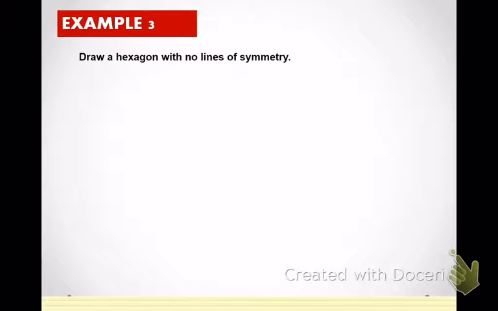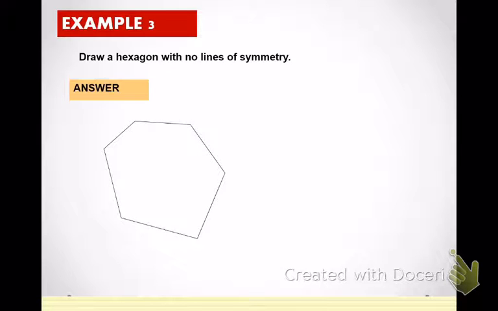All right, it could look something like that. None of the lines are the same length in this hexagon.